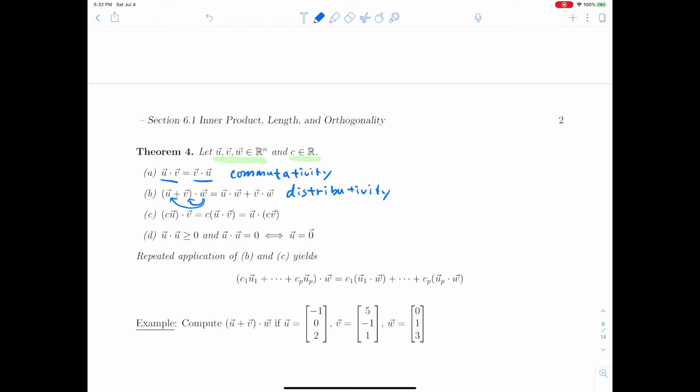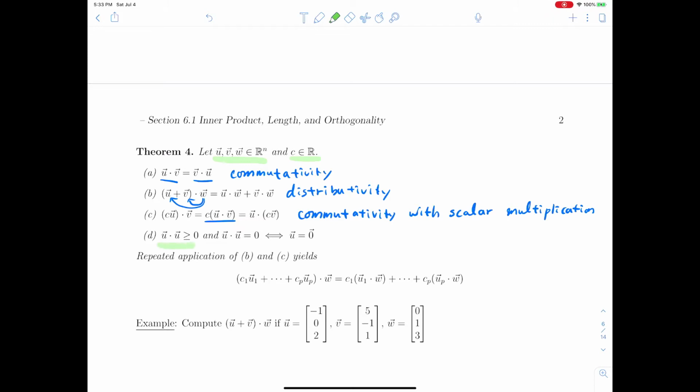And (c times u) dot v equals c times (u dot v), which is again the same as u dot (cv). So we can factor out the scalar or push the scalar into the parentheses. In other words, the dot product commutes with scalar multiplication.